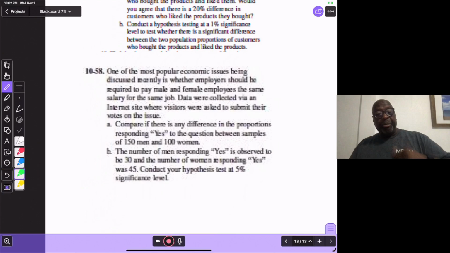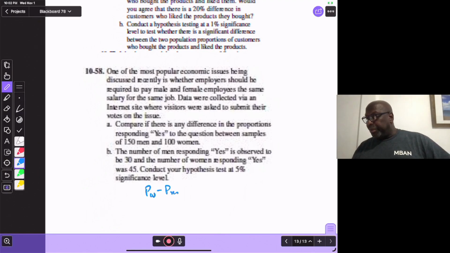For this particular problem, we want to look at the difference between men and women. Looking at the sample data, I could tell that there's a higher proportion of women who are going to support that motion. So I'm going to look at the difference, proportion of women minus the proportion of men.